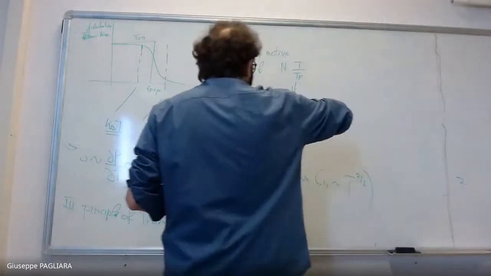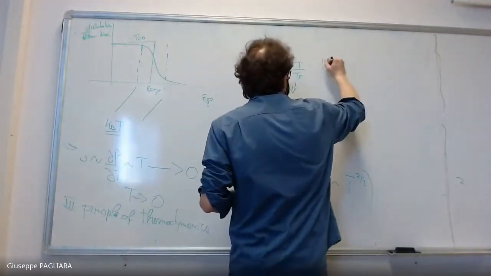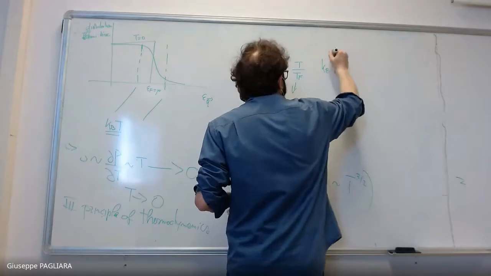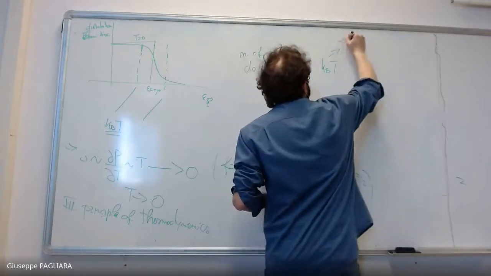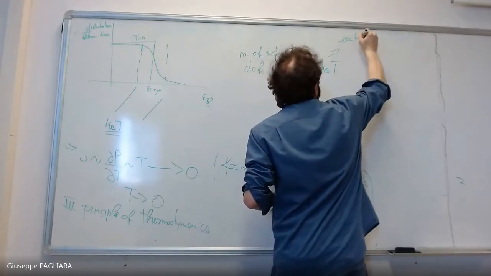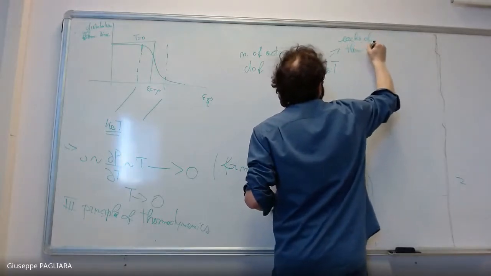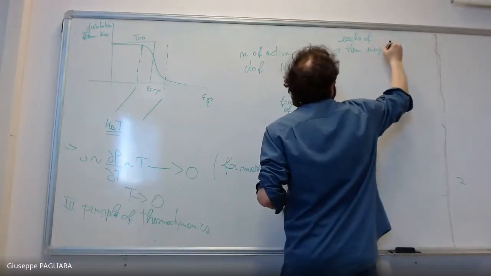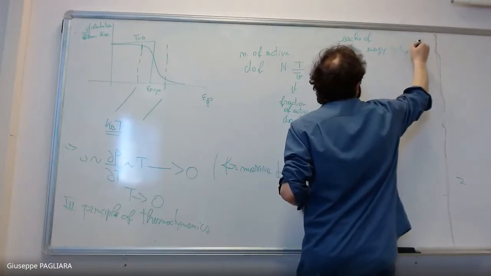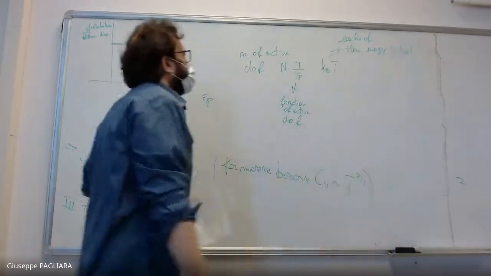Those degrees of freedom have an energy of the order of k_B T, so each of them has energy of the order of k_B T.